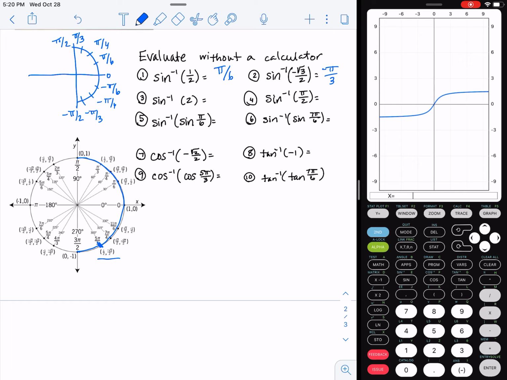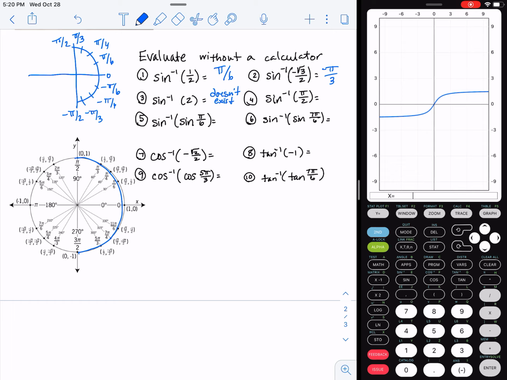Okay, let's see, what's the arc sine of 2? I'm still restricted to the first and fourth quadrants, and I need to know where the y value is 2. Well, you'll notice from negative pi over 2 to pi over 2, there is no y value of 2 because you have a unit circle. On the unit circle, the radius is 1. So this doesn't exist. The arc sine of 2 does not exist.